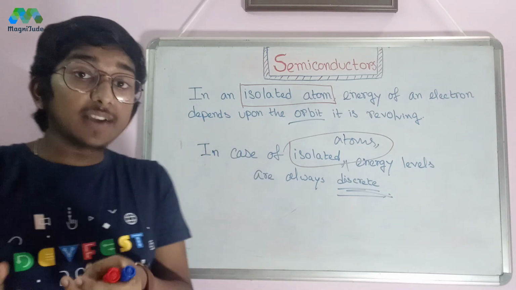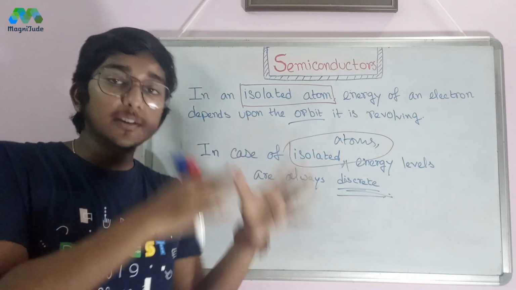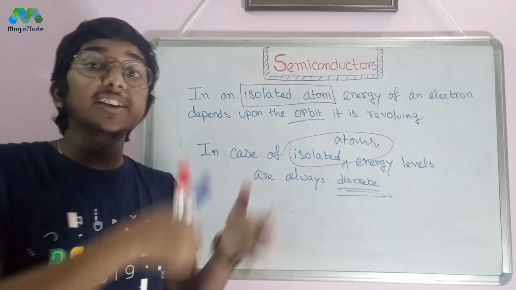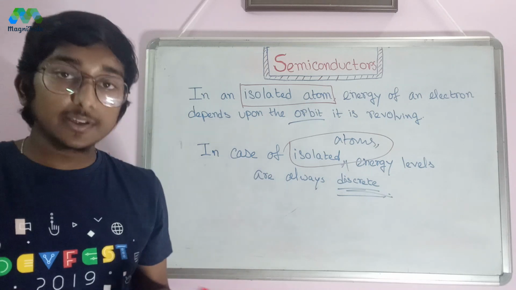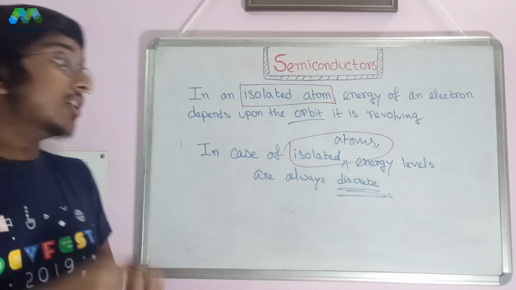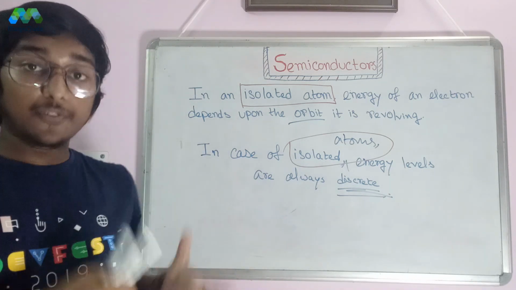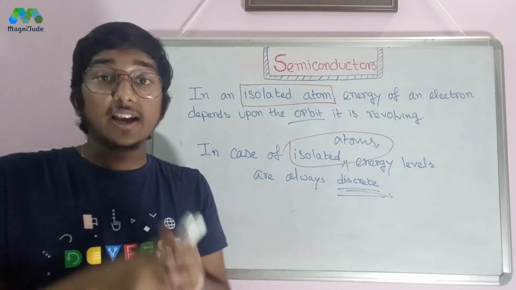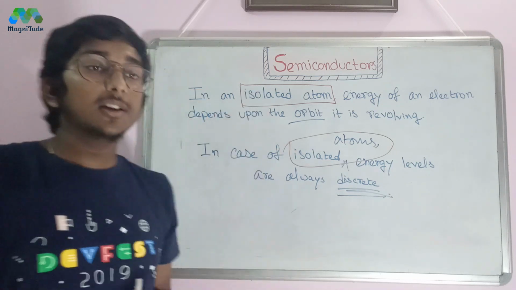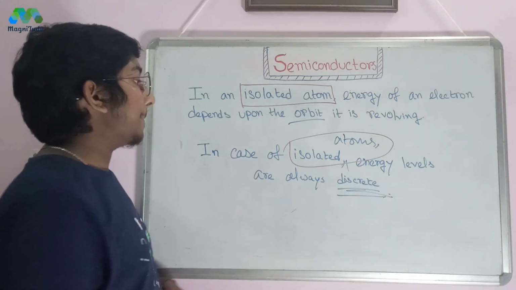All these elements are found in crystal form. Yes, while making the periodic table or discovering new elements, we experiment on them in an isolated condition, but in real life we always find them in the form of a crystal, not as isolated structures.